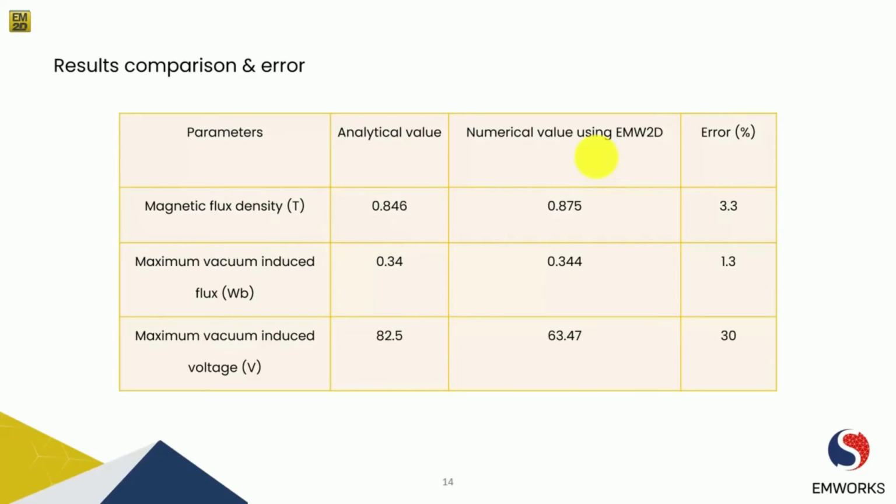Now let us compare the results we have obtained through analytical and numerical values using EMWorks. If we compute some of our key parameters, the first is magnetic flux density, and we can see we have an error of 3.3% between the analytical and FEA based solver.